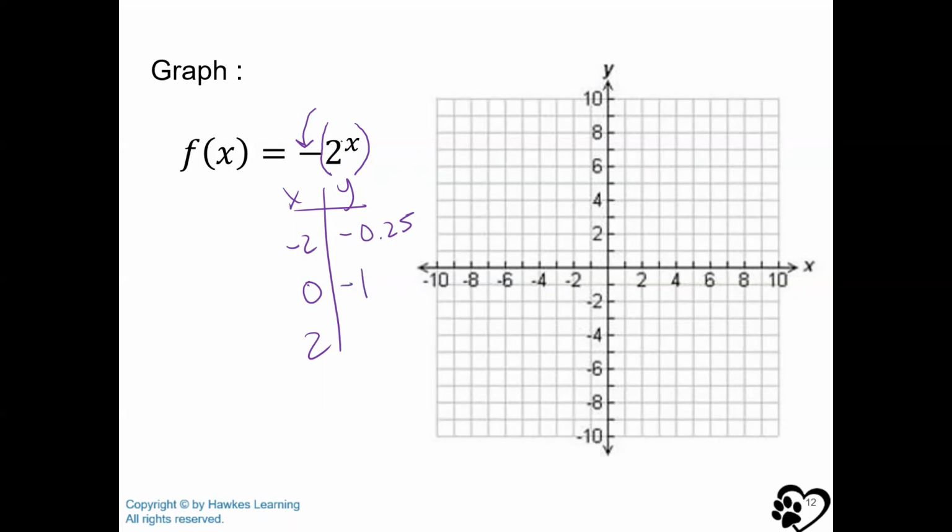And then finally, 2 raised to the 2nd power is 4, and then it's going to be the opposite of 4, which is -4. So -2, -1/4, 0, -1, and 2, -4. So it's a reflection of the original, or the base function, but it's a reflection over the x-axis.